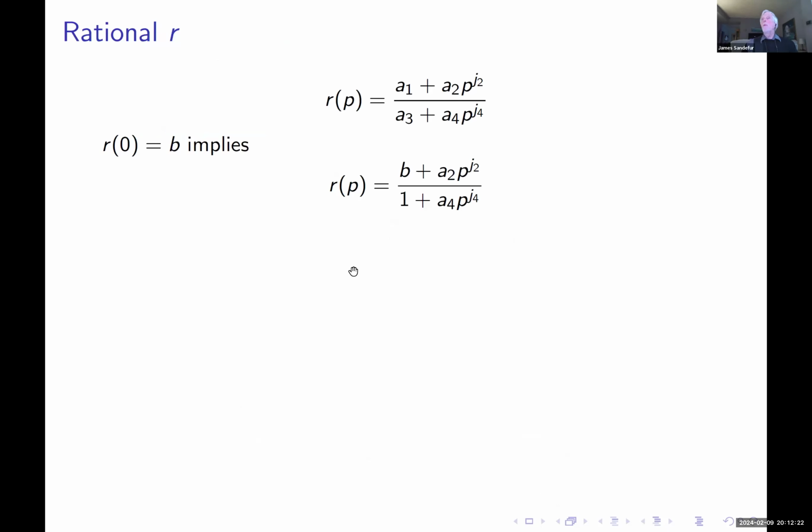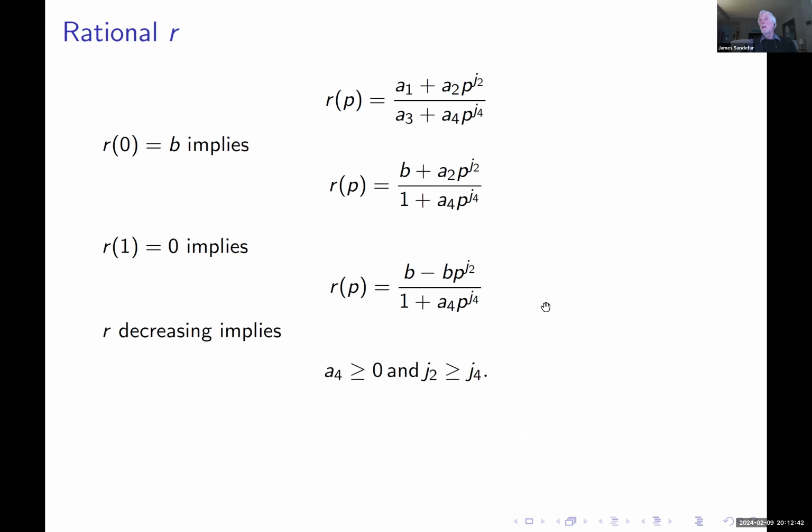Now, if we want to develop a model, well, one, we could try a rational function. And if we start applying our conditions, so we let R of 0 be B, it gives us this one, and then R of 1 being 0, and then that it's decreasing. If you take the derivative and you want it to be negative, you find that A4 has to be positive and J2 has to be greater than or equal to J4.